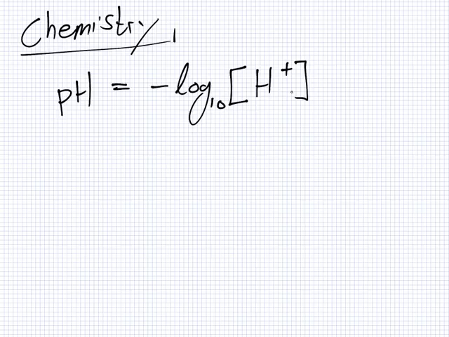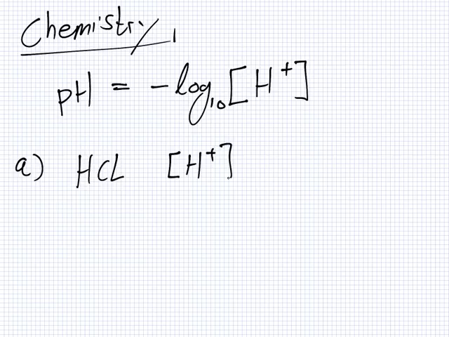So, we'll do an example here. We'll say something like part A. The concentration of, for HCl, you've done HCl in chemistry? Yeah. We'll say the concentration of H plus equals 0.1.